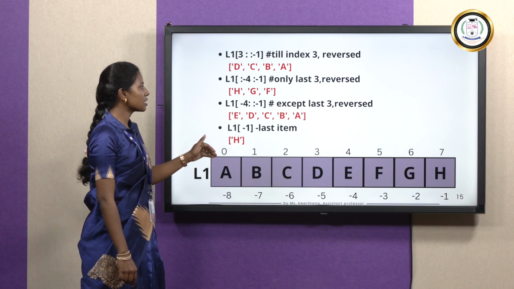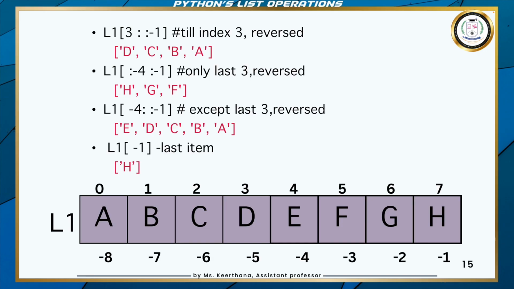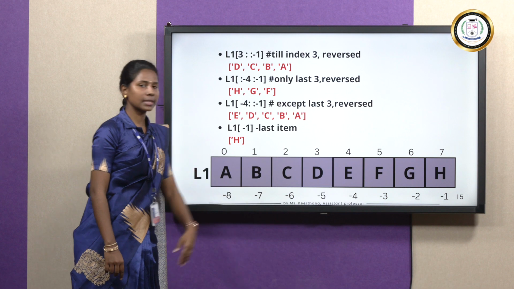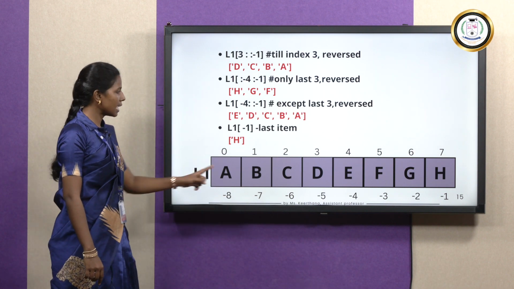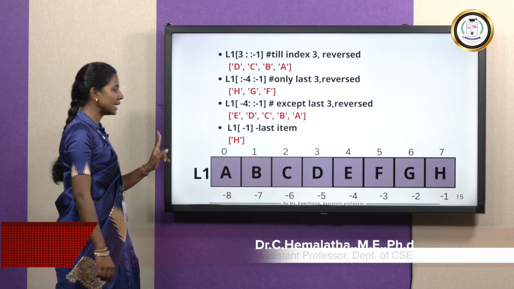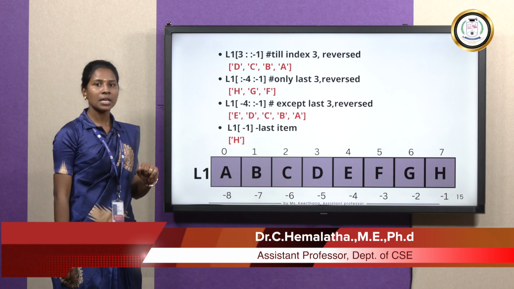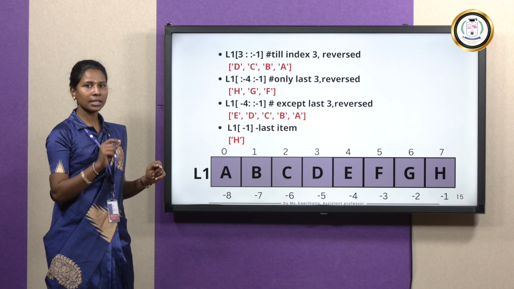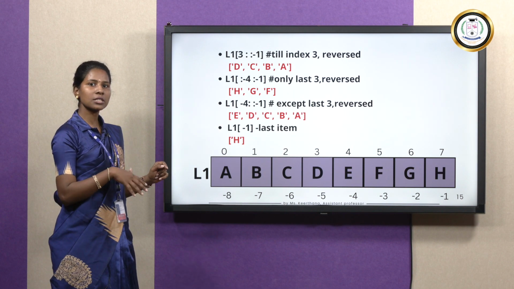And the next one is, if you want to reverse everything except the last 3 elements of your list, I will be starting at -4. I don't want those 3 elements to be disturbed. I will be starting at -4 and I want E, D, C, B, A as my result. So to do so, I will start at -4 and then I give nothing as my end index, so it is considered as the whole length.